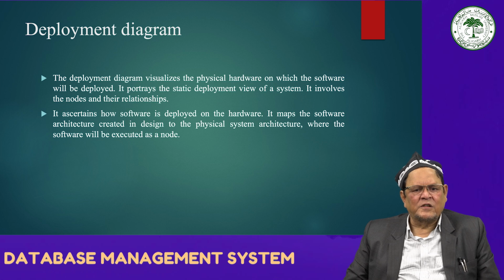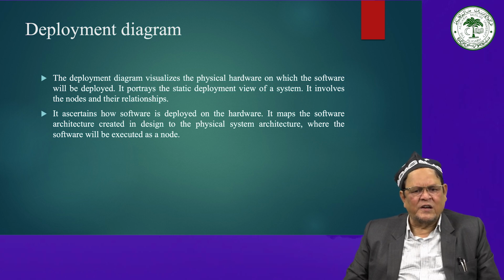It ascertains how software is deployed on the hardware. It maps the software architecture created in design to the physical system architecture where the software will be executed as a node. Since it involves many nodes, the relationship is shown by utilizing communication paths.